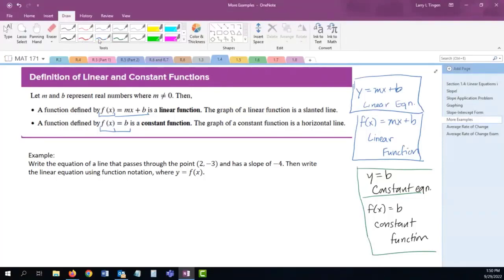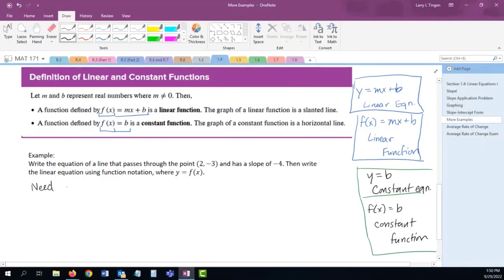Good. So let's deal with this problem. Here we go. So to write a linear equation, and anytime you're told to find the linear equation, it's always understood that you're going to write it in slope-intercept form, just like Andrew did in the comments there.